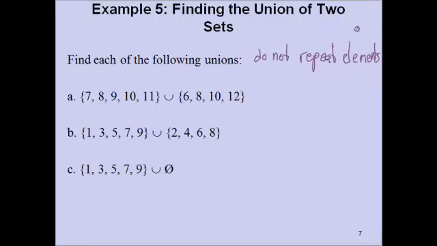So I'm going to put my braces in for the start of my set. Well, 6 is the smallest one, but we don't have to go in rank order. Alright? So 7, 8. The 8 is already over here, so I'm not going to write it again. 9, 10.